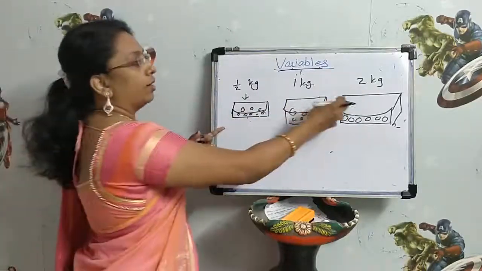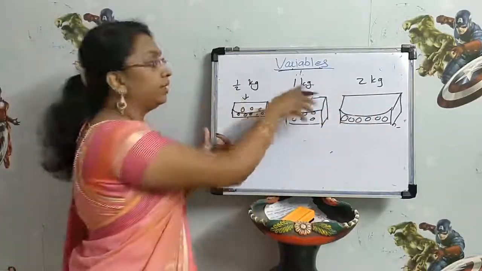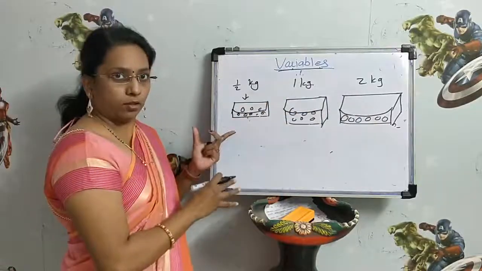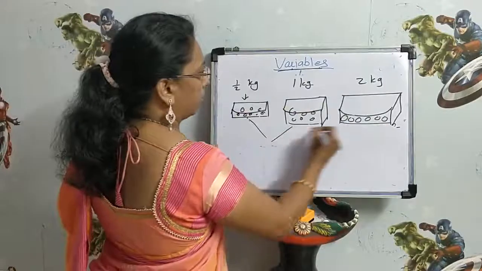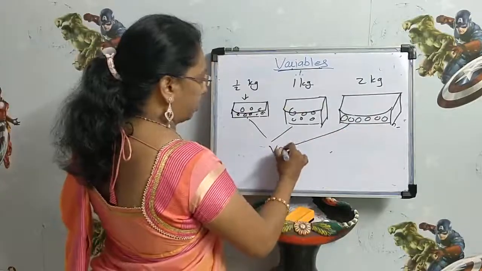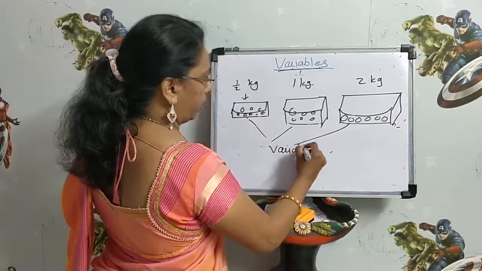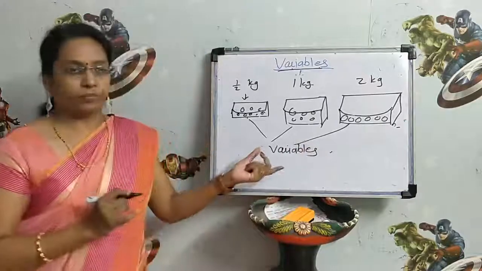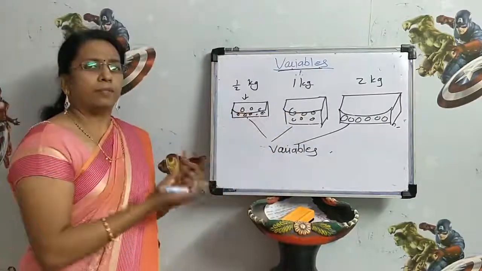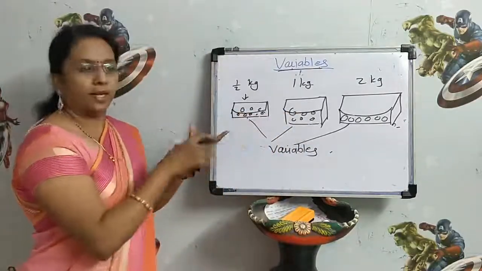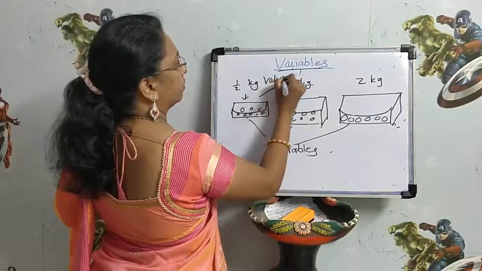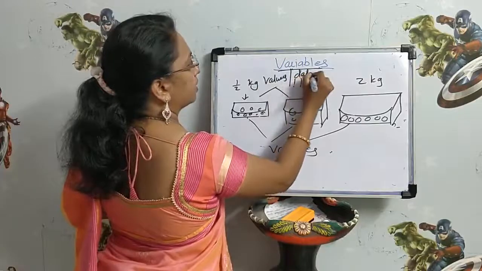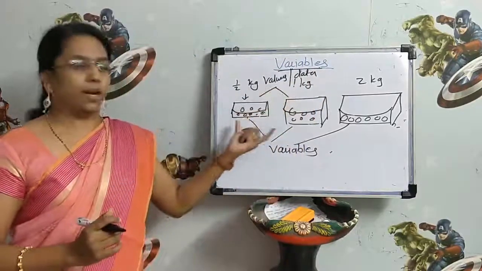That means you are able to change the contents of this box. So just imagine these boxes as variables. All these boxes are variables, and whatever contents are inside the box, like laddus or gulab jam, these are values, or you can say data.